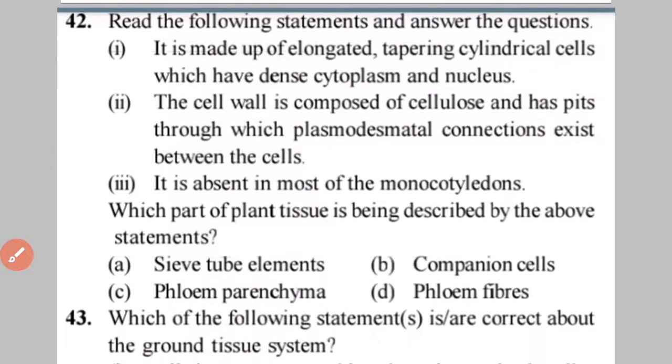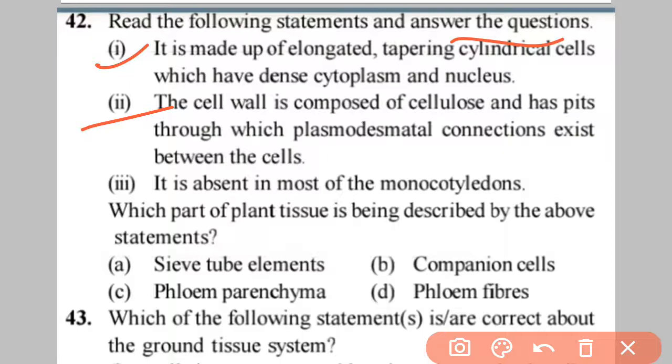Question number 42. Question number 42 is, read the following statements and answer the question. First is, it is made up of elongated tapering cylindrical cells which have dense cytoplasm and nucleus. Second one is, the cell wall is composed of cellulose and has pits through which plasmodesmatal connection exists between the cells.